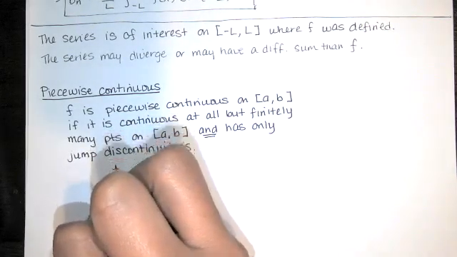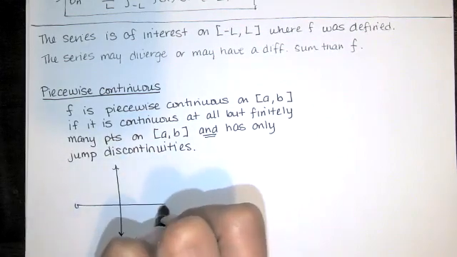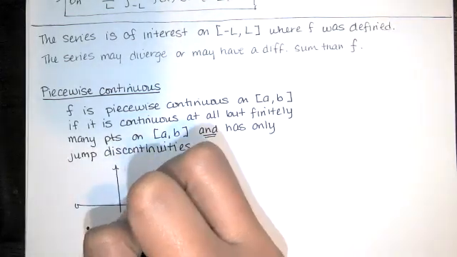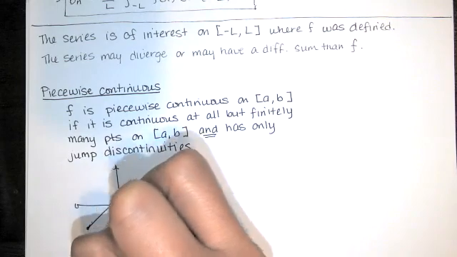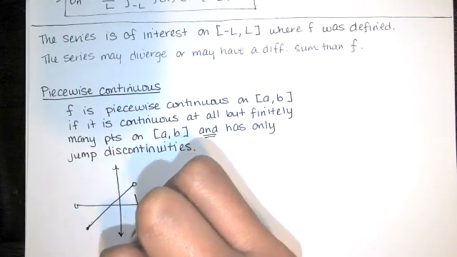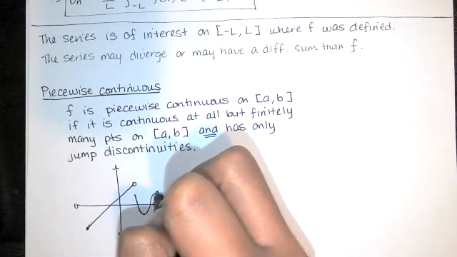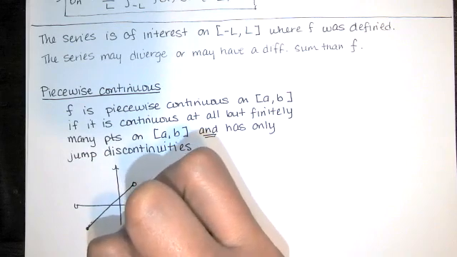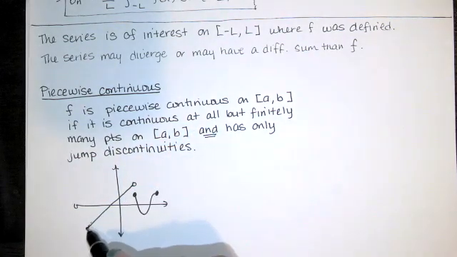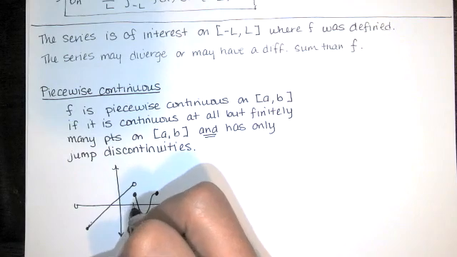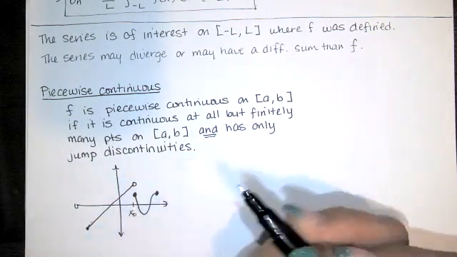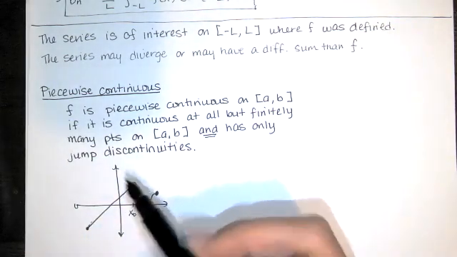So here's an example of a piecewise continuous function. Maybe my function looks like this, and then like that. It has one discontinuity at this value, whatever that x value is, and it has a jump discontinuity.